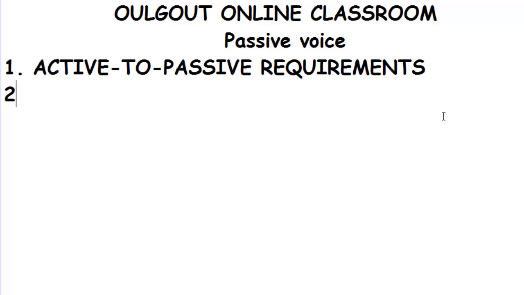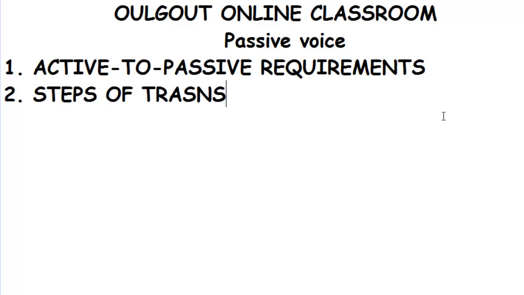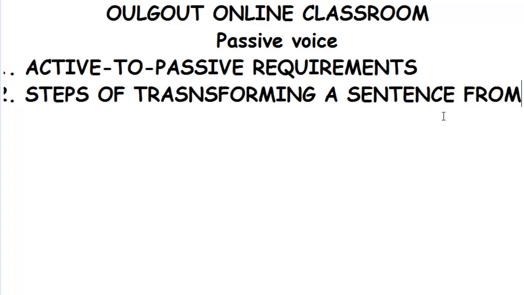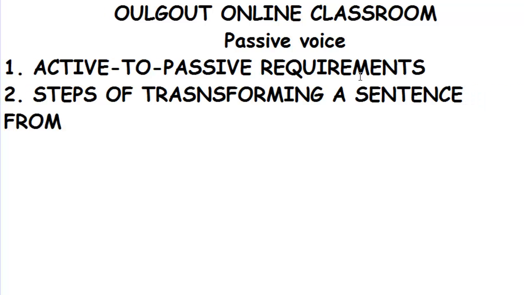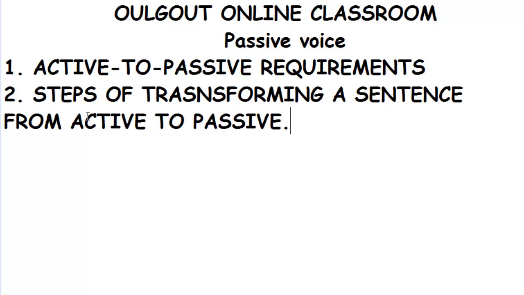And number two, we're going simply to discover the steps of transforming a sentence from active to passive. What are the steps I have to follow in order to put this transformation into practice?